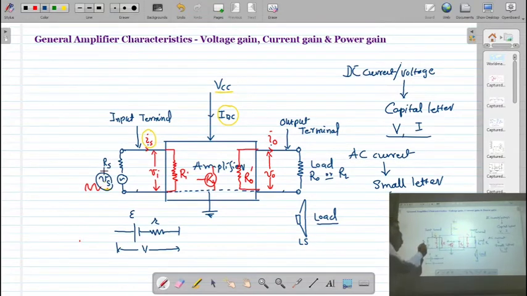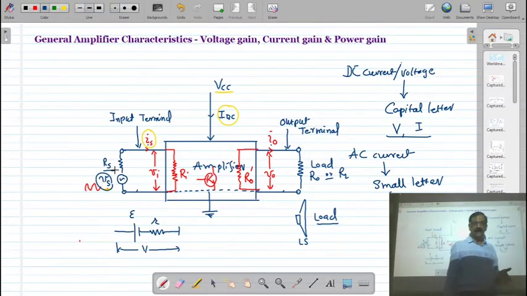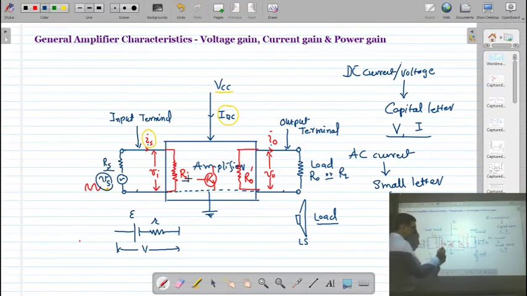Here you can see for representing a resistance Rs, why have we used a capital letter? Because we know that the value of that component is not changing with time. Same way, the resistance Ri is also a capital because it is not changing with time.